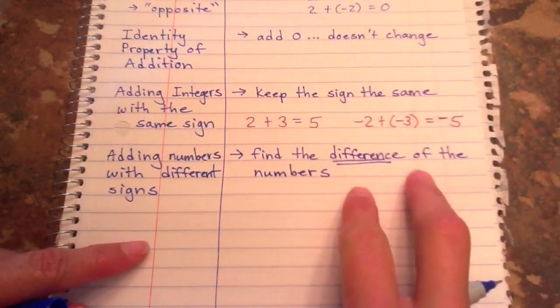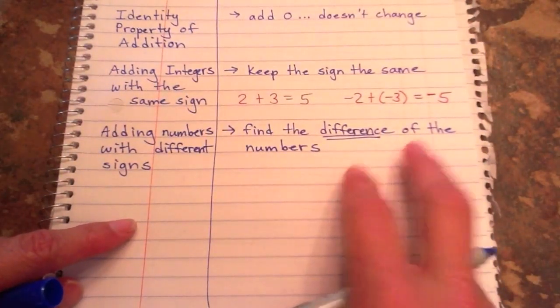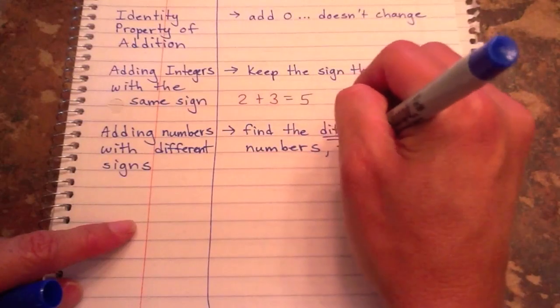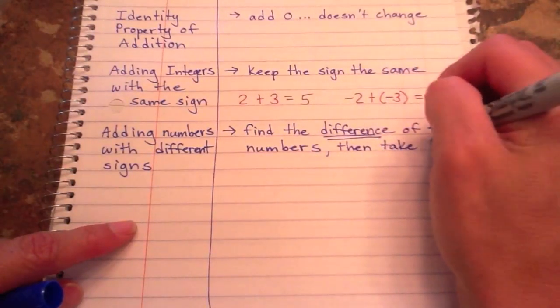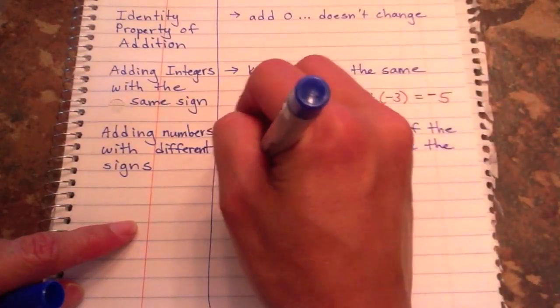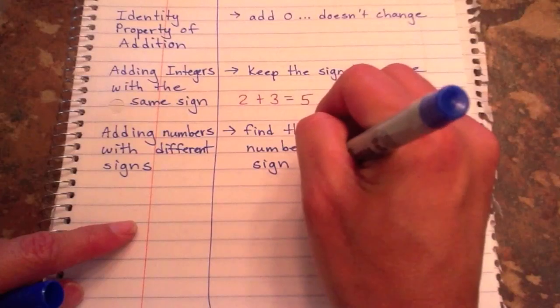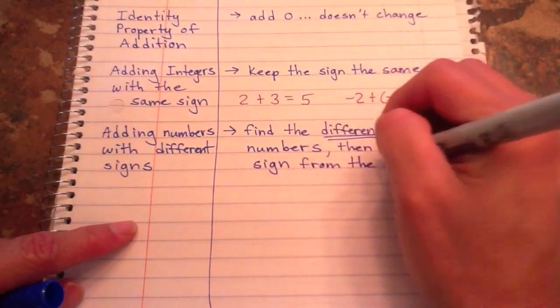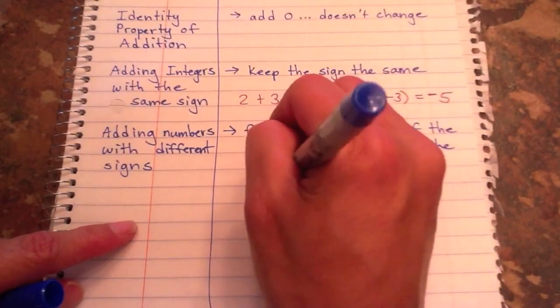All you're looking at is just what is the difference between those 2 numbers. Then you're going to take your sign, your positive or your negative, from the number with the greatest absolute value.